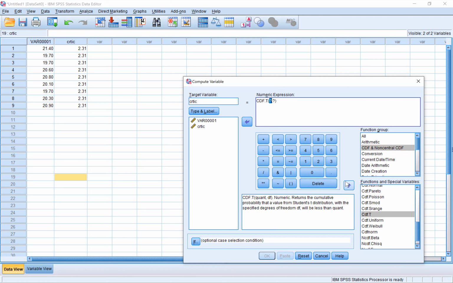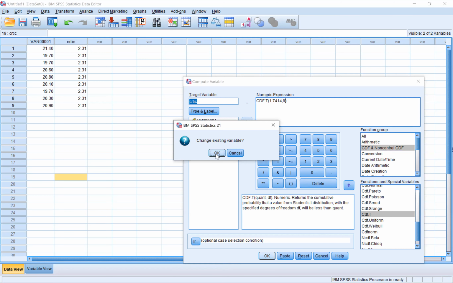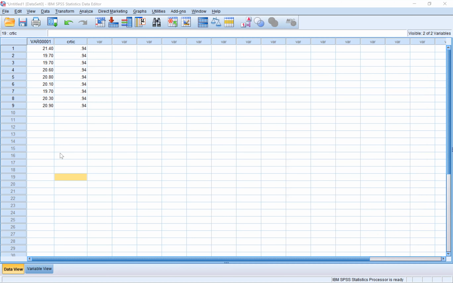Now your quantity, the value is 1.7414, and number of degrees of freedom was 8. So when you compute, you get 0.94. But this is the cumulative distribution.